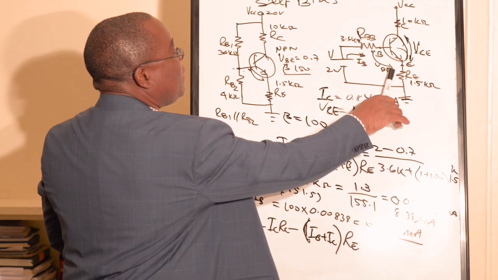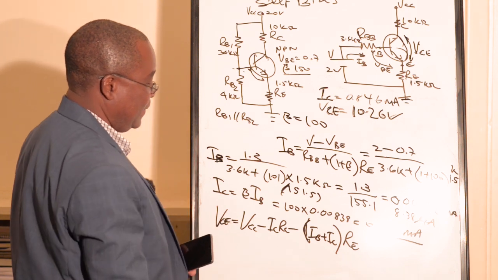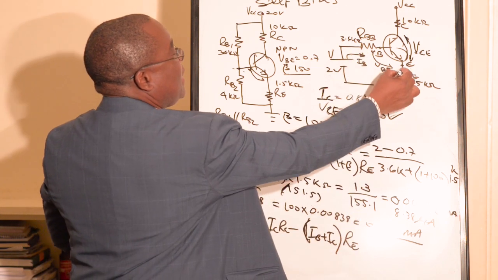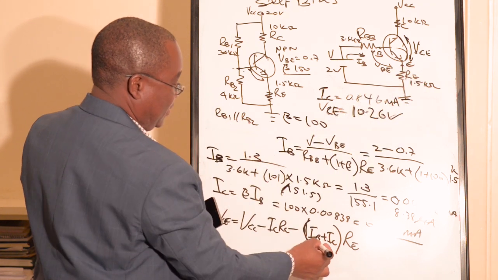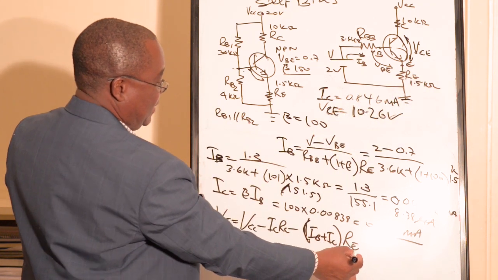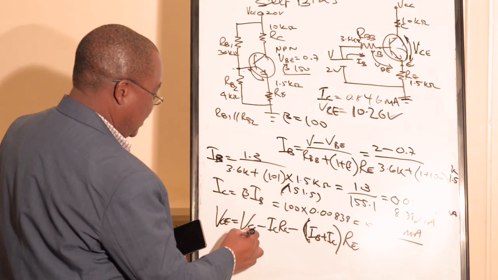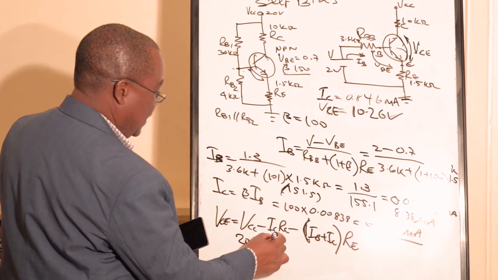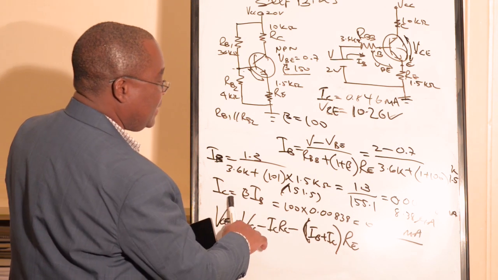We have the summation of IB and IC because IB is coming here, also IC is coming here. So here we have the summation of IB plus IC times RE. So VCC is 20 minus our IC.